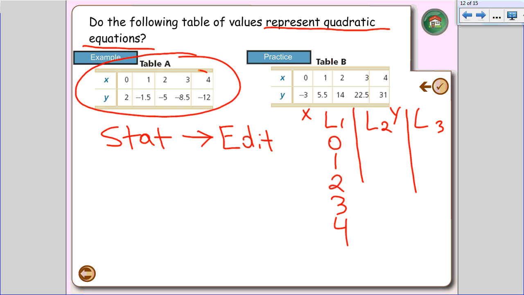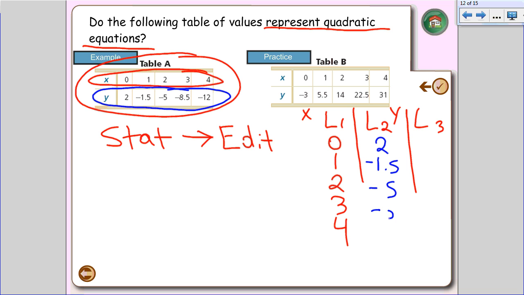So it's 2, negative 1.5, negative 5, negative 8.5, negative 12. Put all those numbers in your calculator. Fantastic.